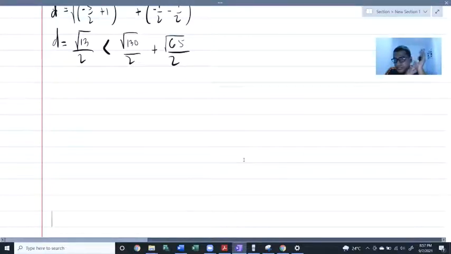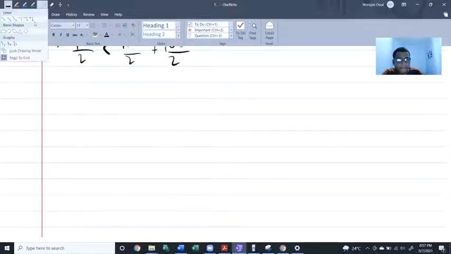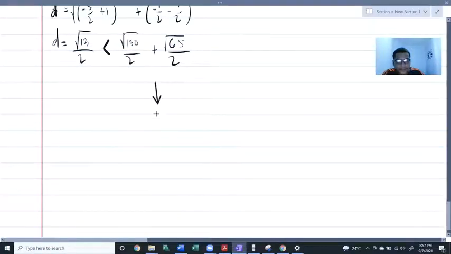Now, if that distance is more than the sum of the radius, then the two circles will be farther apart from each other. So let's just confirm it by graphing. Okay. Let's graph this one. Sorry.